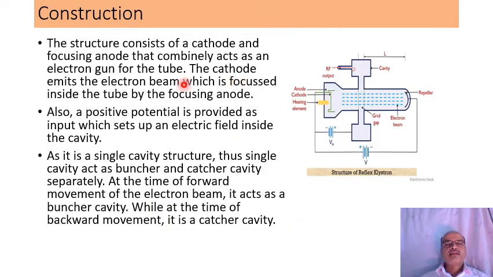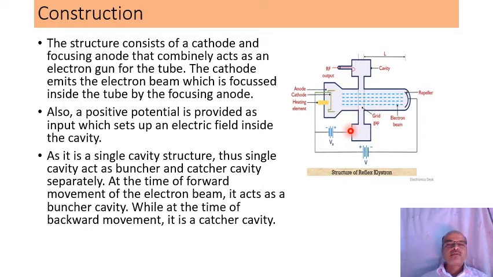So the structure consists of the cathode and focusing anode that combinedly act as the electron gun for the tube. The cathode emits the electron beam, which is focused inside the tube by the focusing anode.